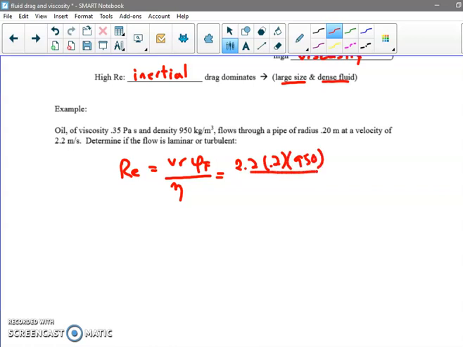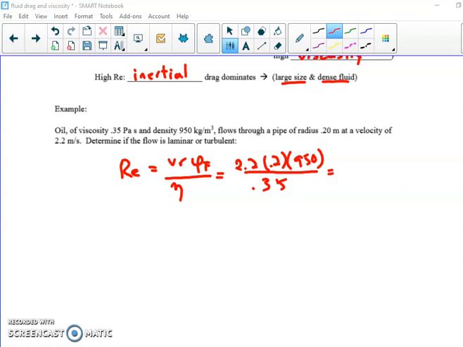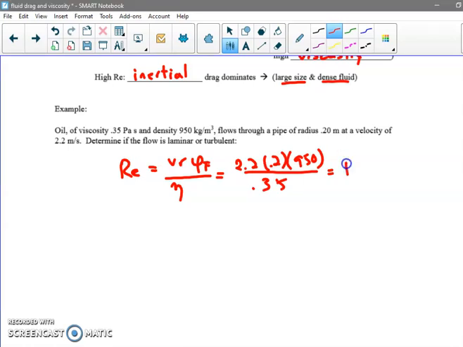Maybe I am. Okay, 0.35. And if we punch that out, we get 1190. So let's just call it about 1200. And again, it's dimensionless. So, we're going to say, is it laminar or is it turbulent? I would lean towards laminar. It is in that kind of gray area, but we have laminar flow.